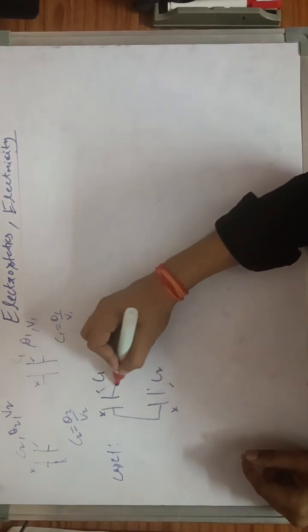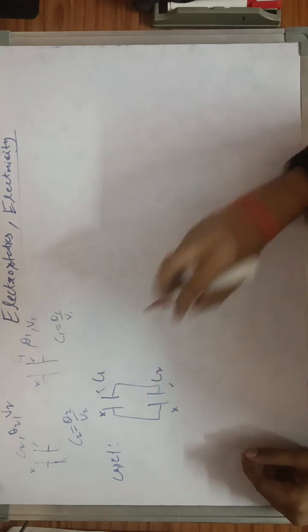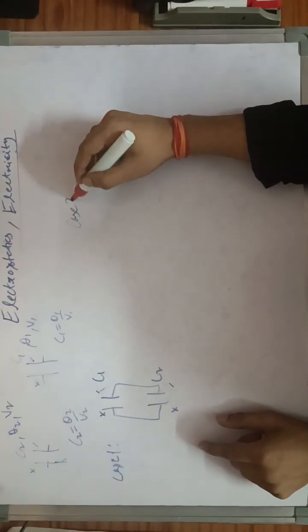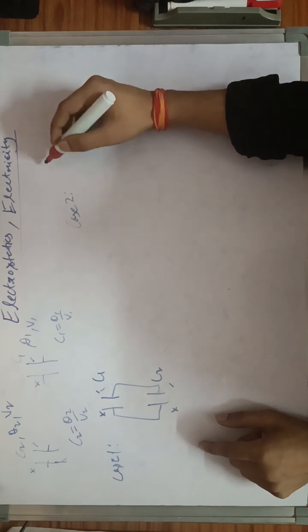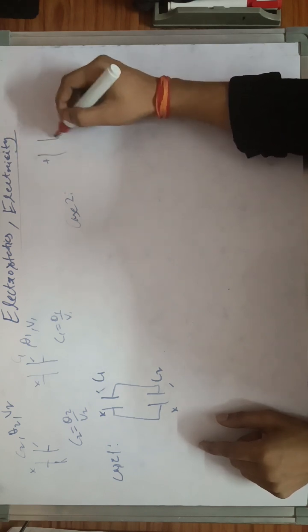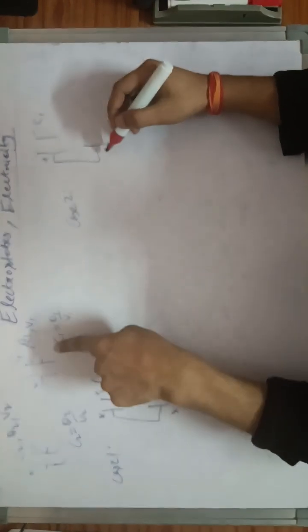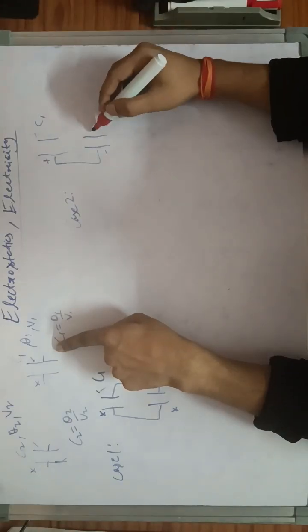I have connected positive with positive, negative with negative. Case 2 is when the positive side of capacitor 1 is connected with the negative side of capacitor 2.